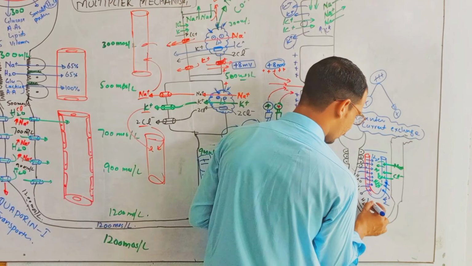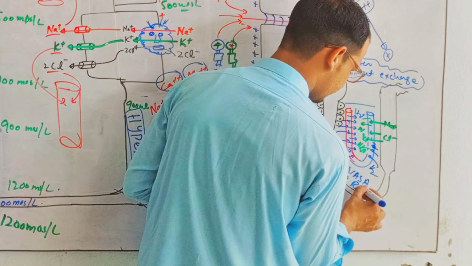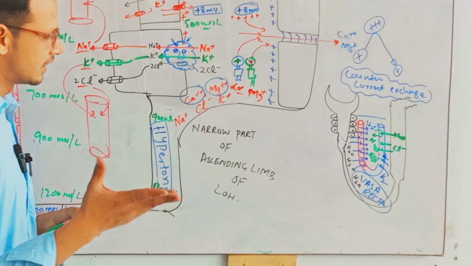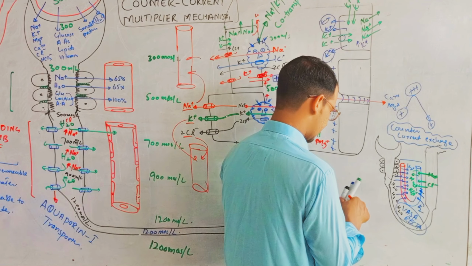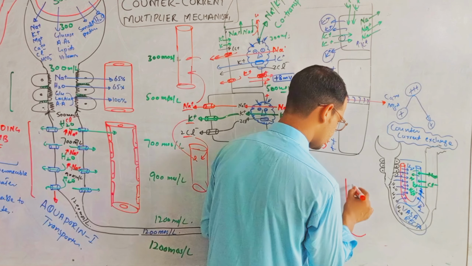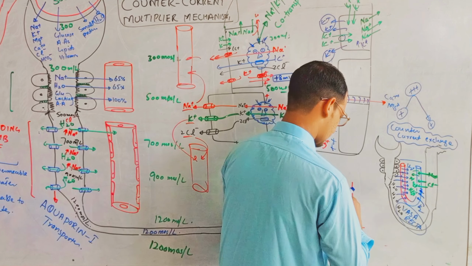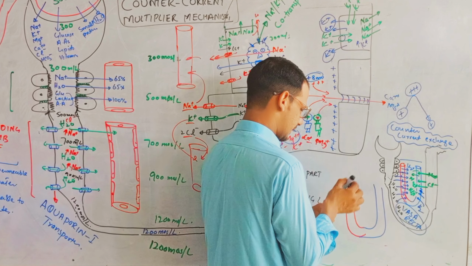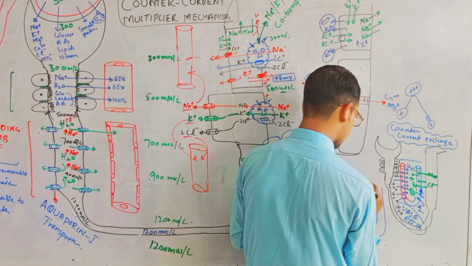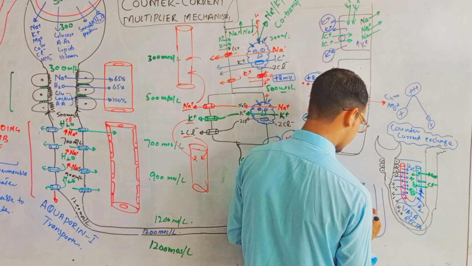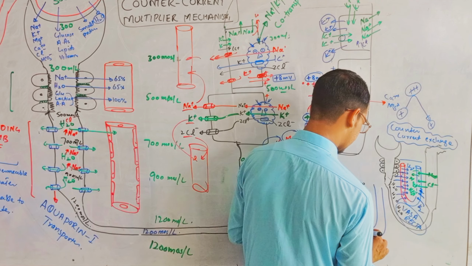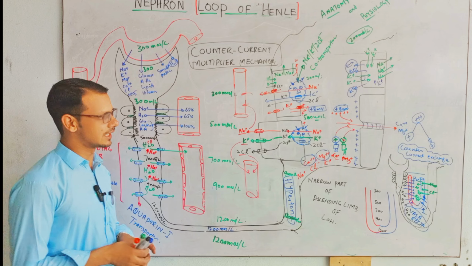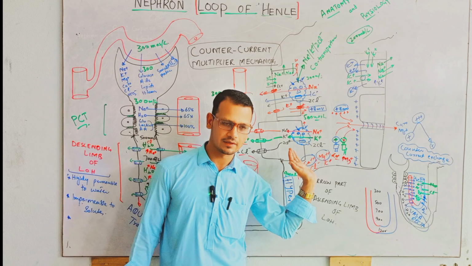This is basically the vasa recta, right? And osmolarities are the same. For example, here the osmolality is 300, here it is 500, 700, 900 and 1200, right? So this is all about the loop of Henle, right?